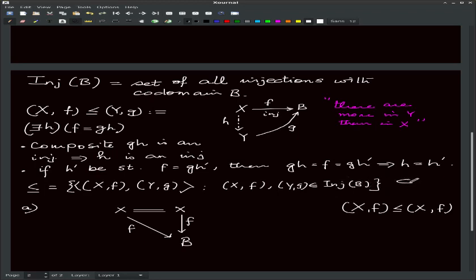So this is a subset of, so this is a relation, right? This is actually a relation on inj B, on the set of injections on B, right? What I am saying is that this relation is reflexive. So that is the assertion 6.2a. That the relation that I have defined is a reflexive relation.